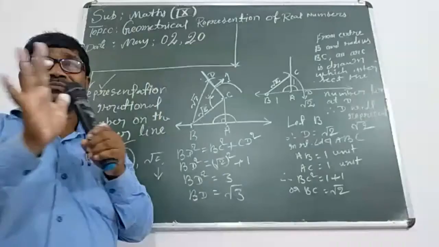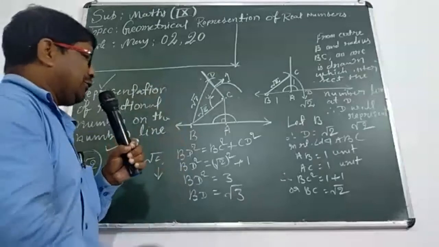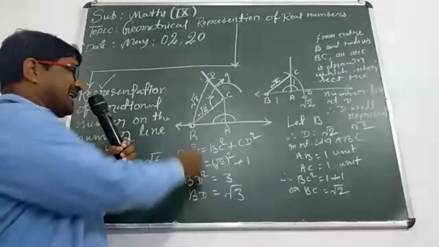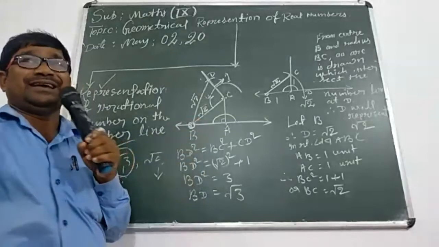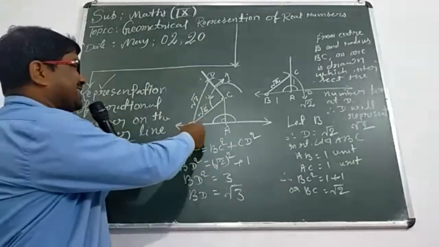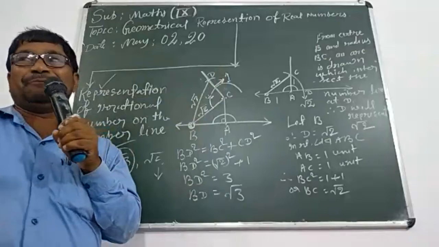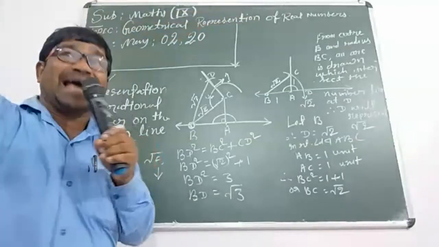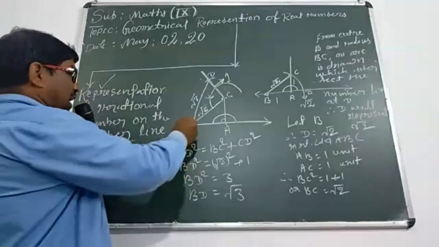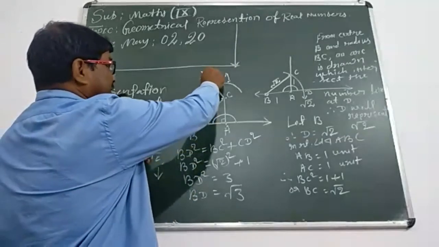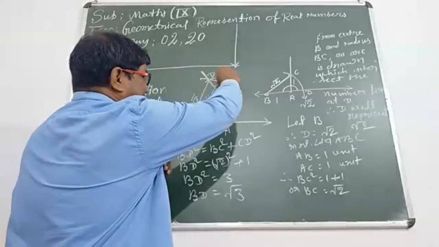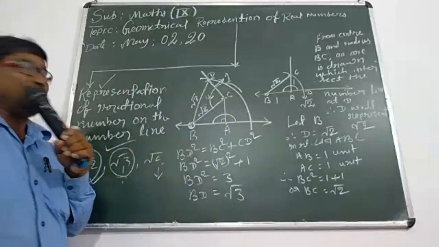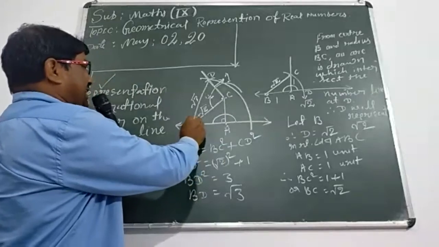Okay. Now students, from center B, mind the center B, and after taking radius BD, BD is the radius, just like root 2. After taking radius BD, we will draw a circular arc from center B and radius BD.